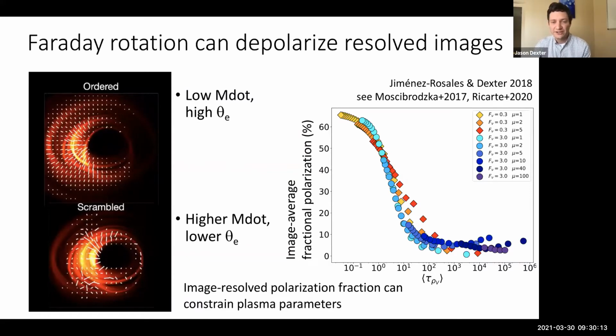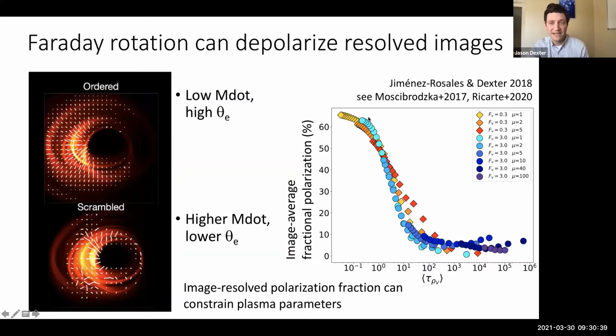And we can show that if you think about imaging this, one way to think about this is blurring the polarization map here with a beam. And what happens when you scramble things in the bottom left panel there is you'll tend to reduce the average fractional polarization seen at the scale of your beam. And this is a really nice plot made by Alejandro Jimenez Rosales, postdoc in Nijmegen, showing that at low tau rho v, you get very high average fractional polarizations on an image.